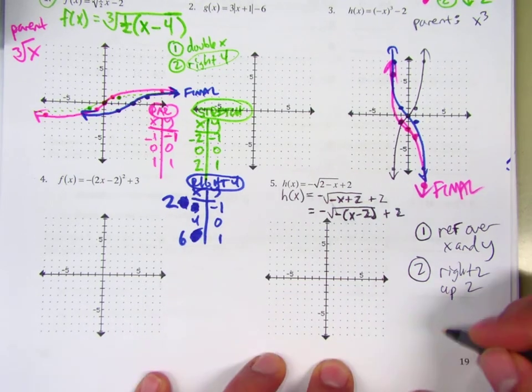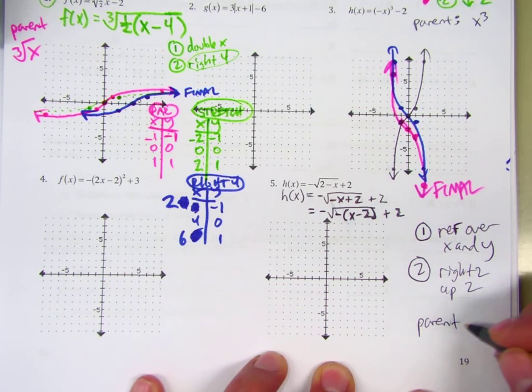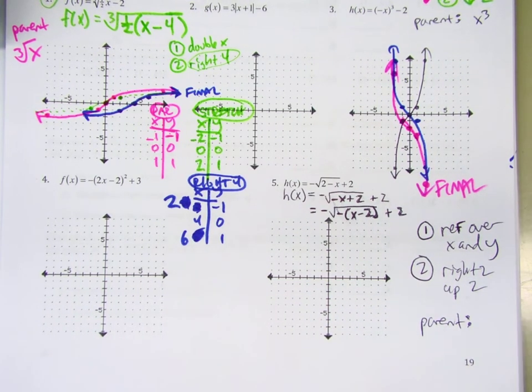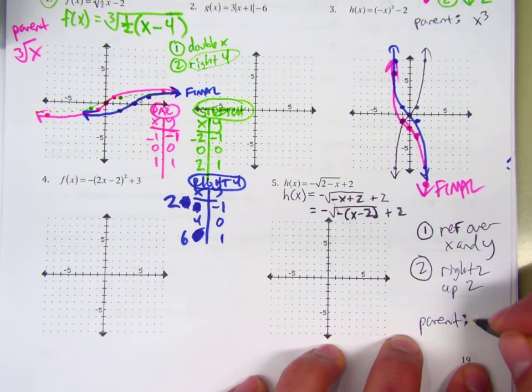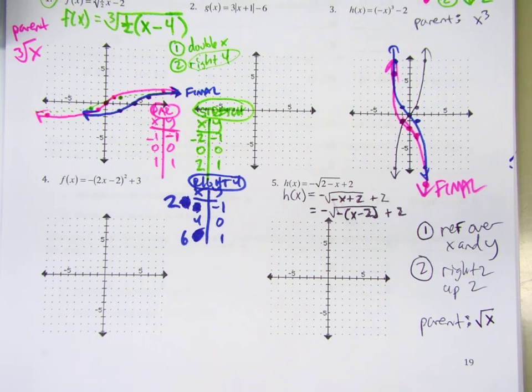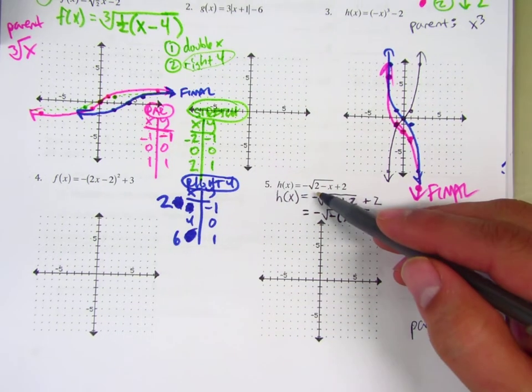Okay. What's the parent graph here? What function are we flipping around and moving around here? Just the square root of x. The minus 2 is what moves it, right? We're looking at its core, like what family do we see? We see a radical, it's just a square root.